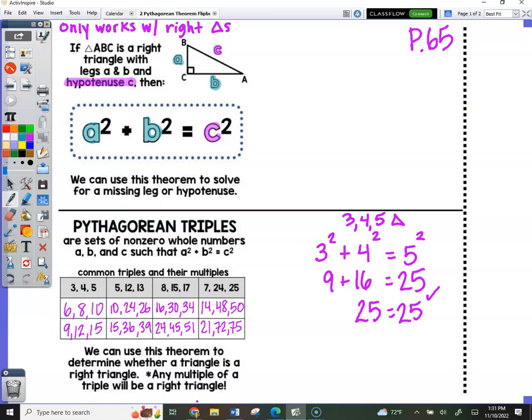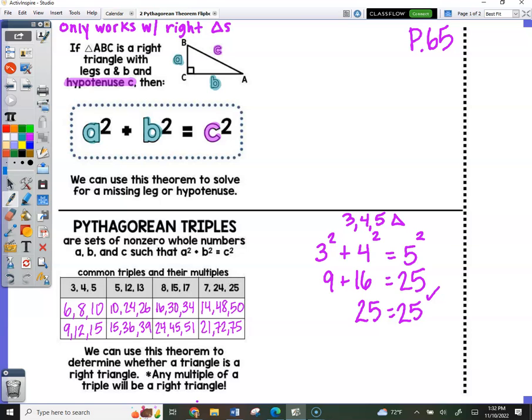The point of this little section here is if I give you 3 random numbers and I ask, are these 3 numbers the side lengths of a right triangle? You would take them and plug them into the Pythagorean Theorem and see if the right side equals the left. That's how you know if they are or not.